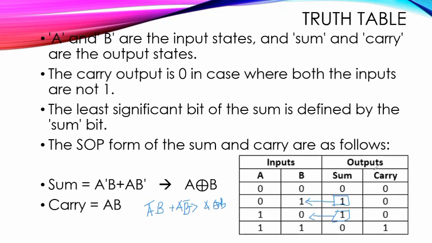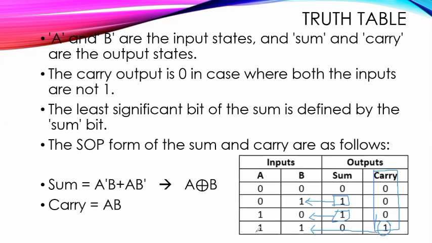Now let's see the equation for carry. As I told you, to find the equation, we just see where the output has got 1. If you see, the output is 1 at the last row. When forming an equation, we consider the inputs of the one that is available.